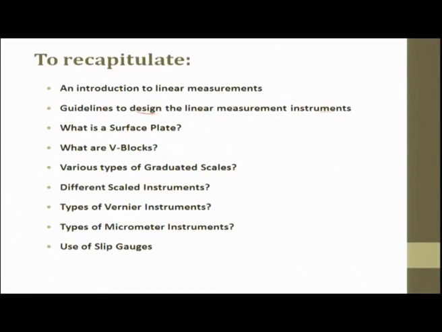First we saw the introduction, then various guidelines: readability, reliability, repeatability, precision, accuracy. Then the axis should coincide with the measured component. Then we saw the surface plate and the V block. We put a circular one and then you can measure the height. Then we saw various graduated scales, scaled instruments, vernier caliper, micrometer, height gauge, and finally the use of slip gauges.